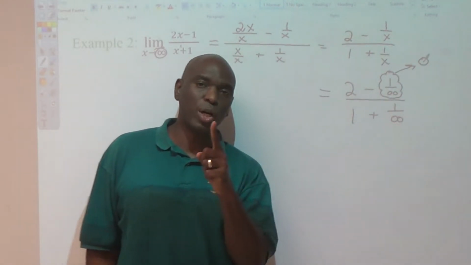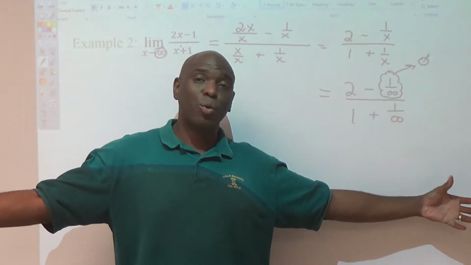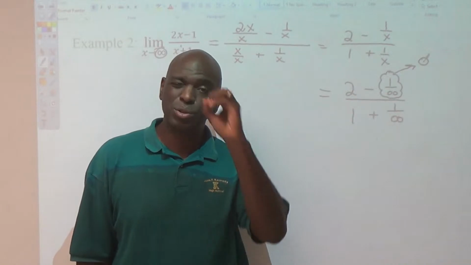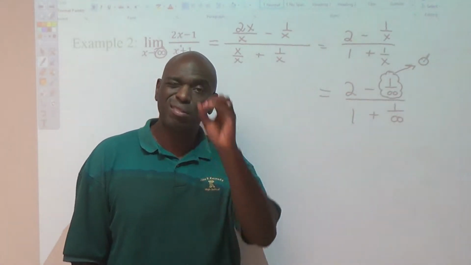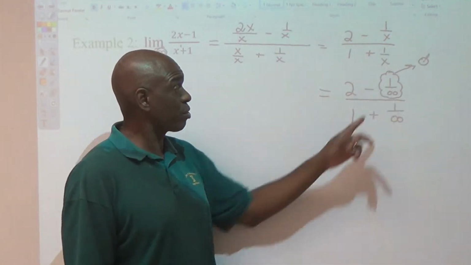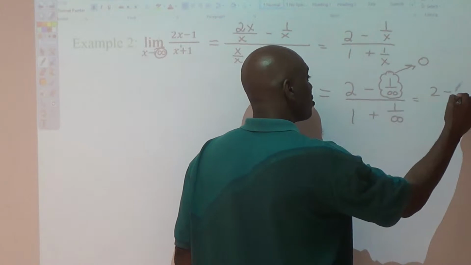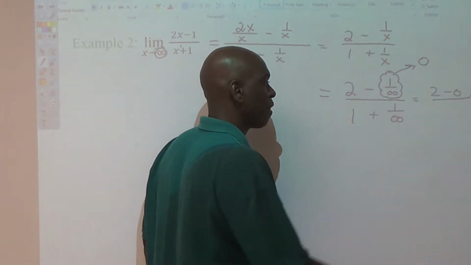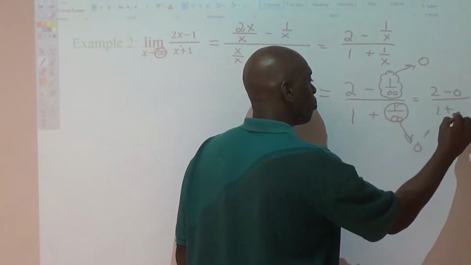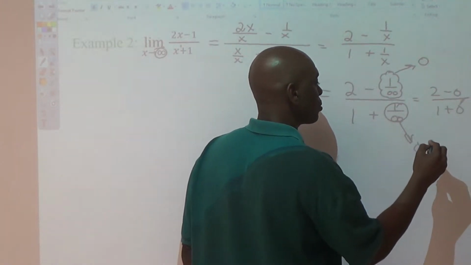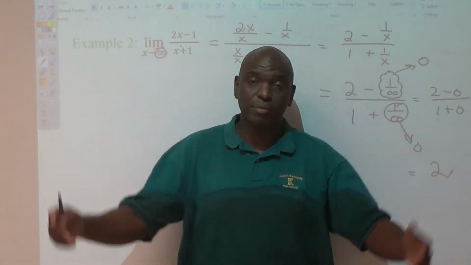Because 1 over a very large number. 1 over a billion, that's close to 0. 1 over 5 billion, 0. So this goes to 0. So I'm going to have 2 minus 0 divided by 1 plus what? 0. That equals 2. And you're done.